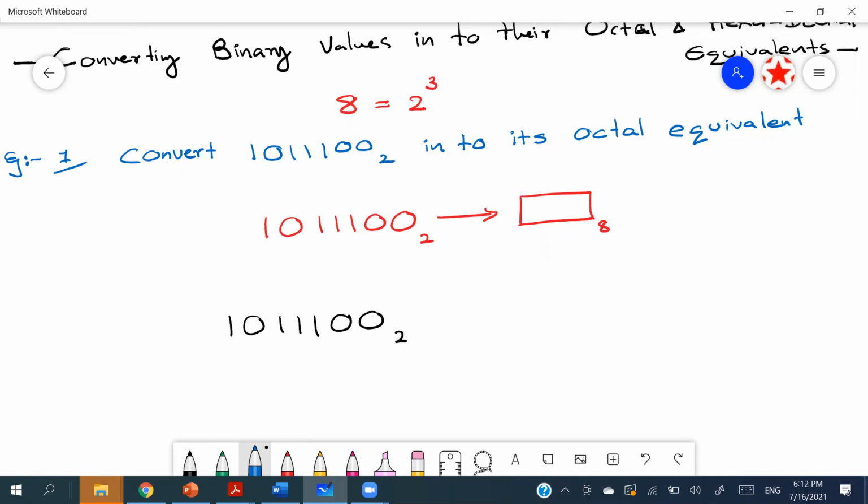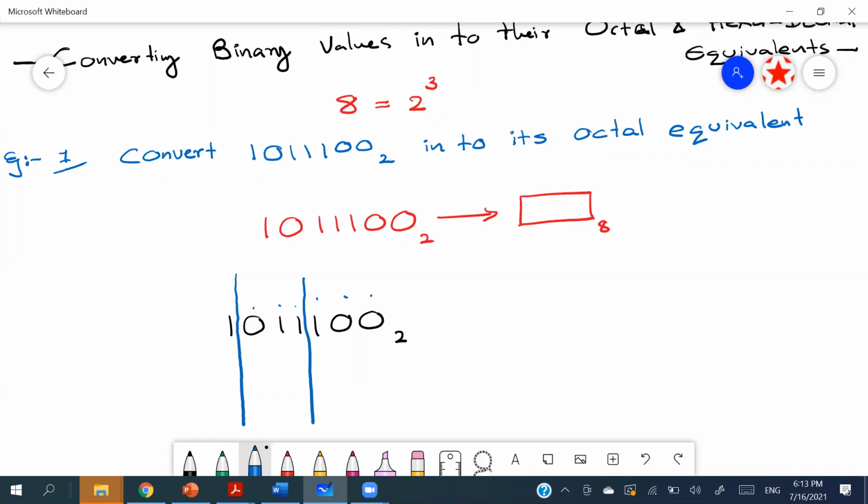What do you mean by 3-bit groups? We are going to create groups from this binary value, each containing 3 characters. We start doing it from your right end. So 1 2 and 3, here we separate a group. Again 1 2 and 3, here we separate a group, right? Now you can see the groups being created.